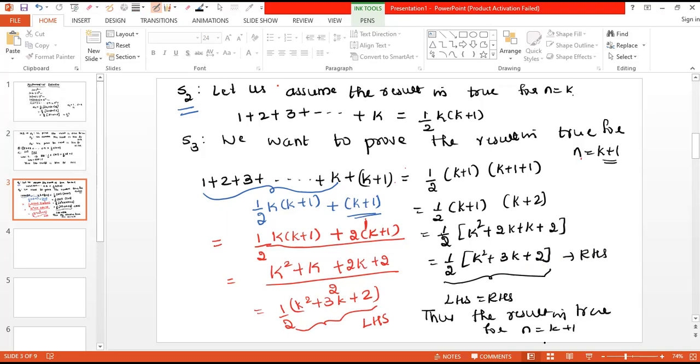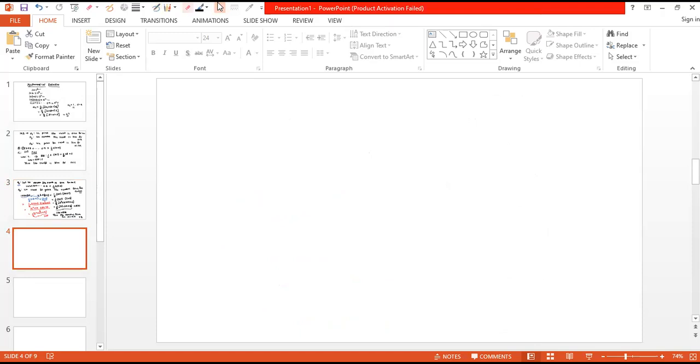If the result is true for n equal to k plus 1, then finally the result is true for all values of n, where n is a positive integer. So this is one example. Now let's see another example.